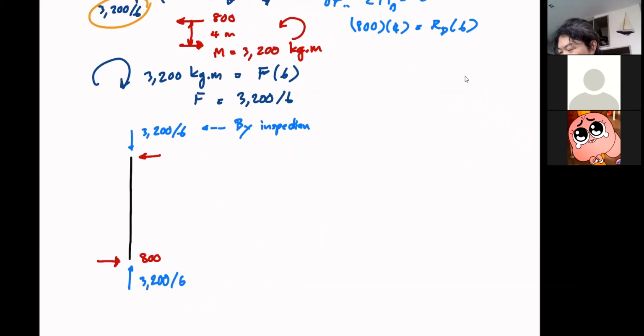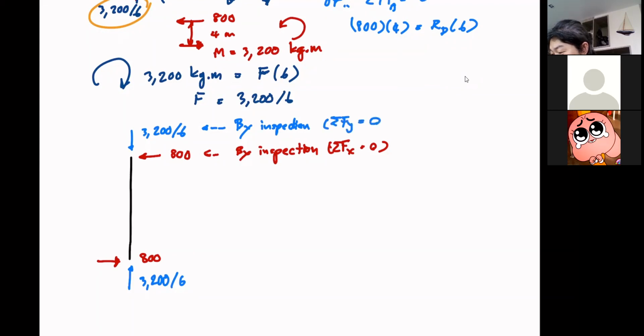So this has to be 800 as well. You can also note by inspection, you can also further note that this is from sigma Fx equal to 0, and for this as well, sigma Fy equal to 0. So what's missing?